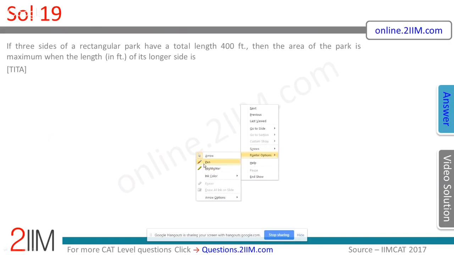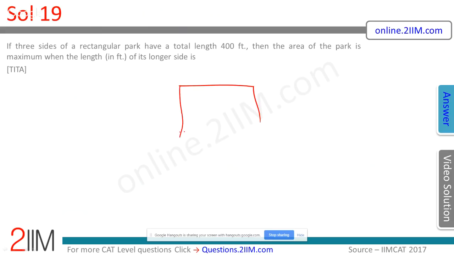Sorry about that. Three sides of a rectangular park, sides add up to 400. So x, y, x: 2x plus y equals 400. We need to maximize xy. When is xy maximum?